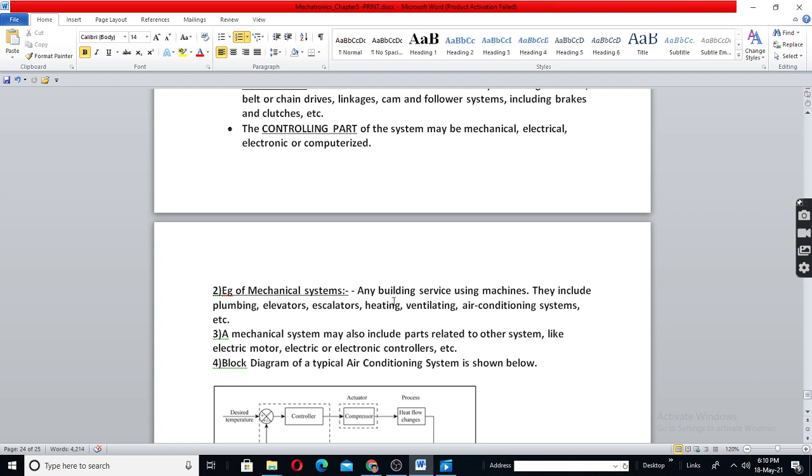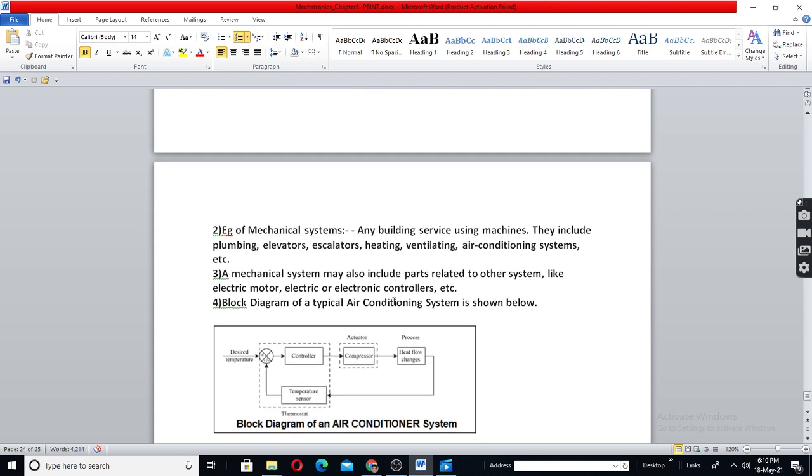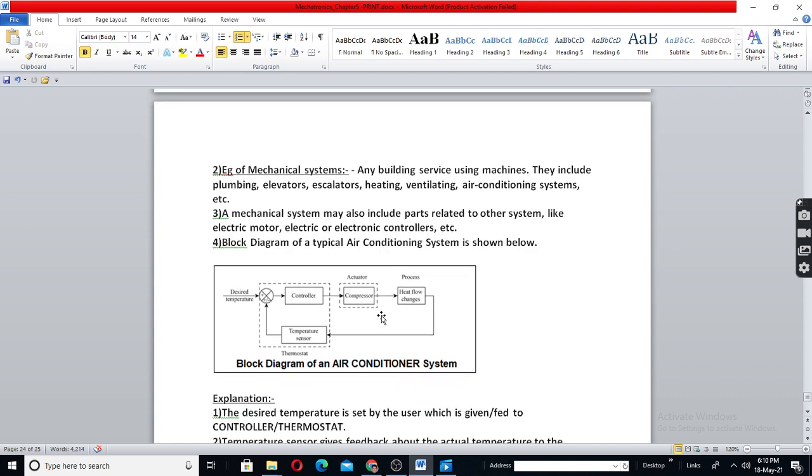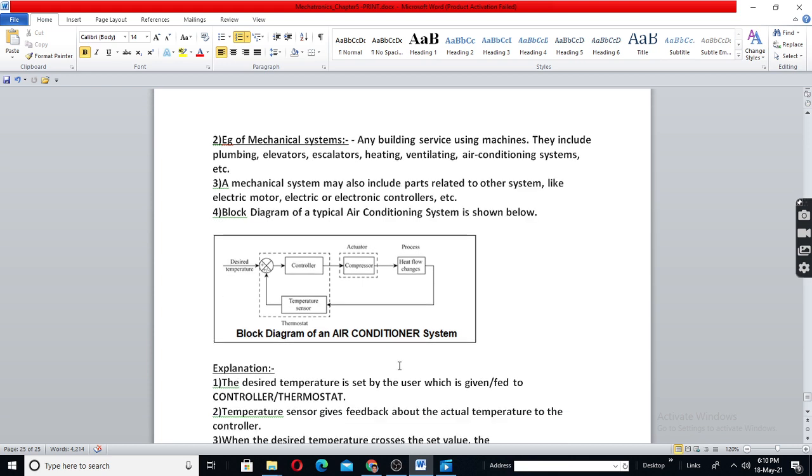Now, a typical block diagram of an air conditioning system is shown here. How an air conditioning system works: the desired temperature is set by the user, which is given to the thermostat. It is the controller.